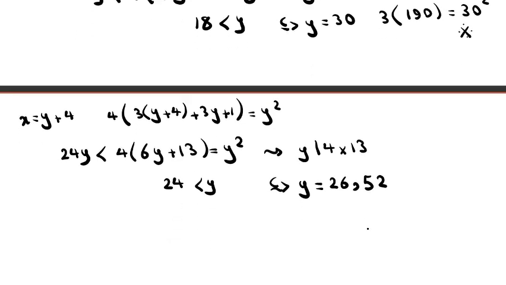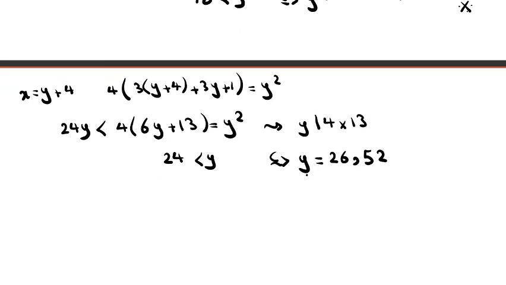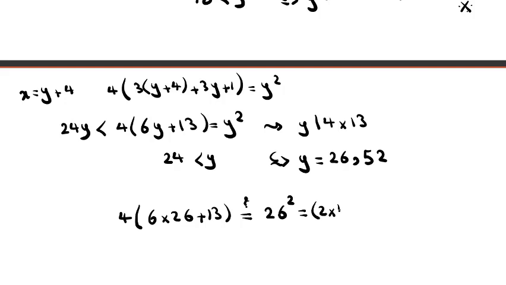Because the problem says find minimum x, at first we check 26. So if we check 26, then we have 4 times 6 times 26 plus 13. We want to check, is it possible? 26 squared is 2 times 13 squared, so it is 4 times 13 squared.